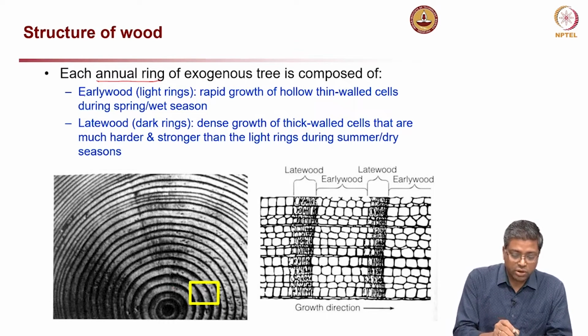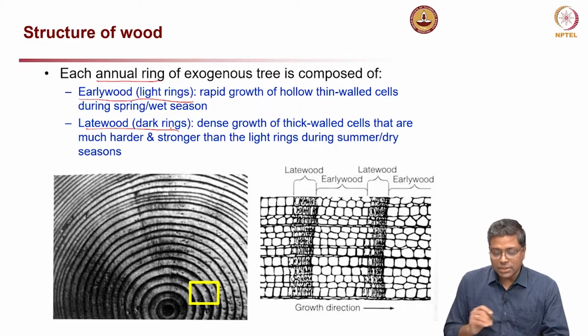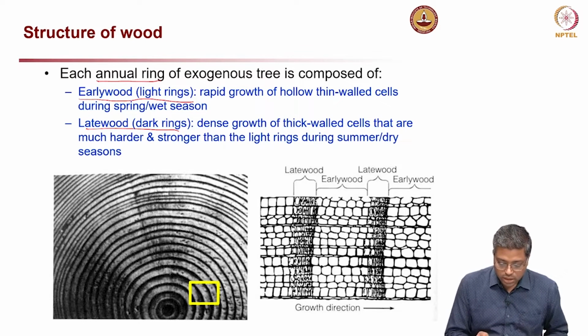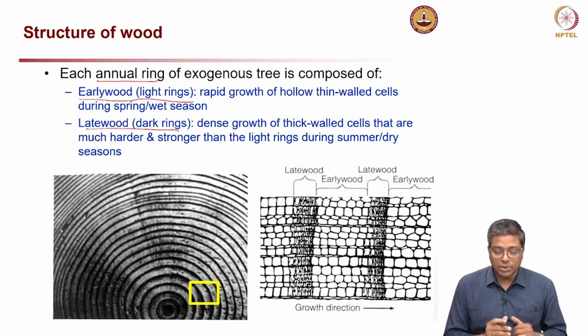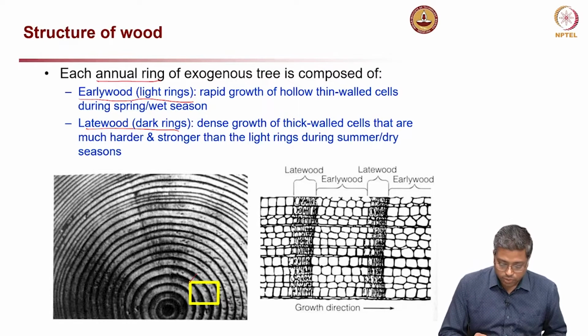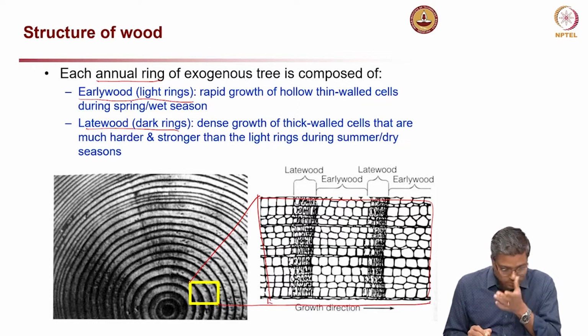Now, look carefully at the picture. You can see early wood, which are light rings, and late wood, which are dark rings. On the bottom right side, you have a close-up image of this yellow region which I have shown in the left side image. So, this is the close-up view of this yellow region.